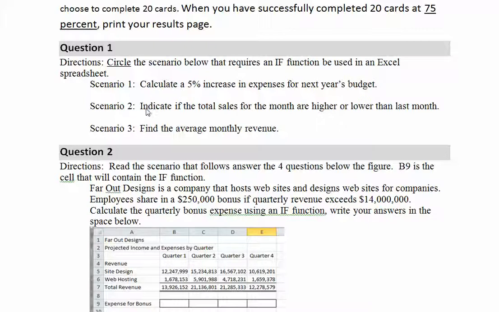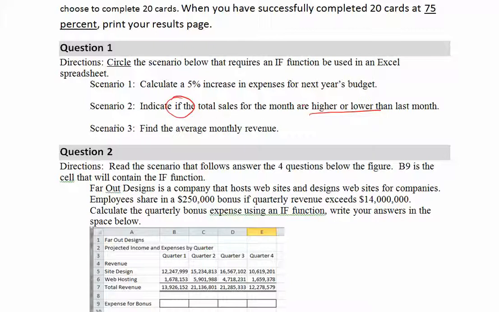Scenario 2 says indicate if the total sales for the month are higher or lower than last month. There's a couple of things here that tip you off. The first one is the word if usually indicates that there's going to be some kind of a logical test. The other thing that tips you off is higher or lower, and those two things tell you that yes, in fact, this needs a logical test.